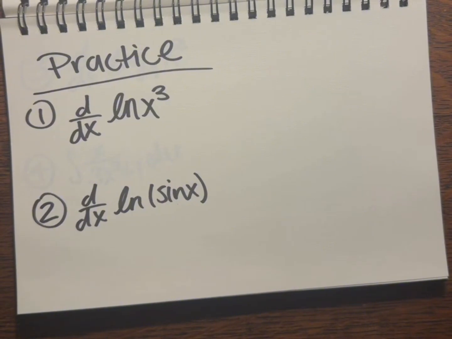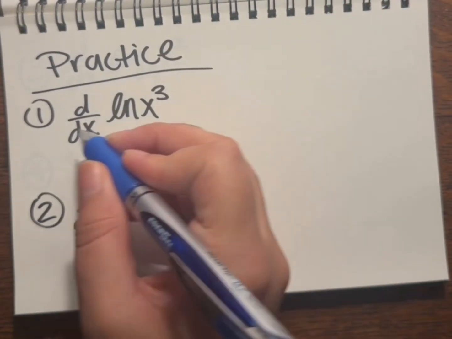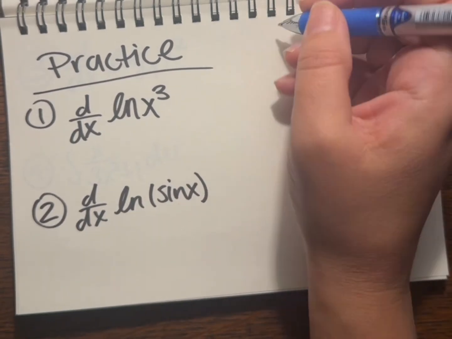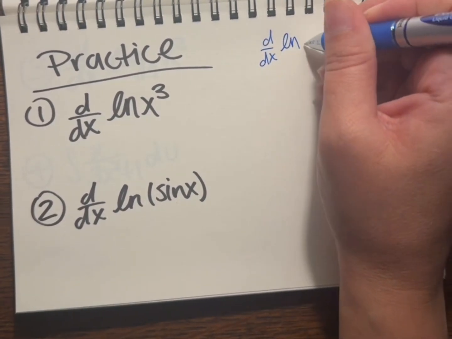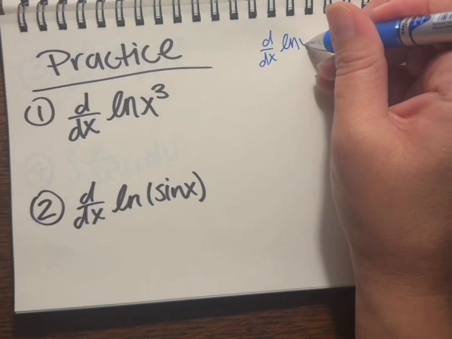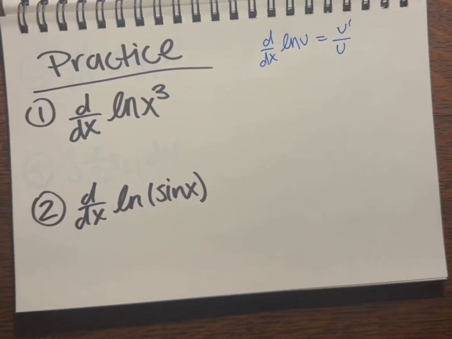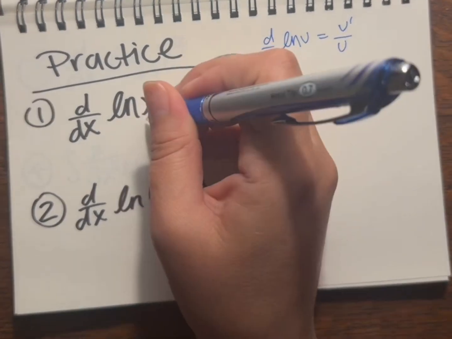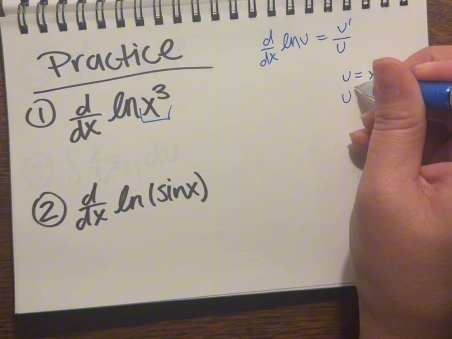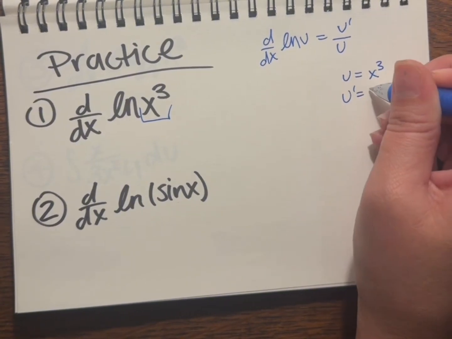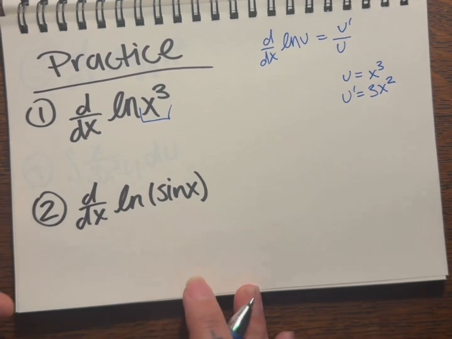So now let's jump into some practice. We're going to find the derivative of ln of x cubed, so we're going to use this. Our u here is x cubed, and then u prime is, you bring the exponent to the front and subtract 1 from the exponent, so it's 3x squared.